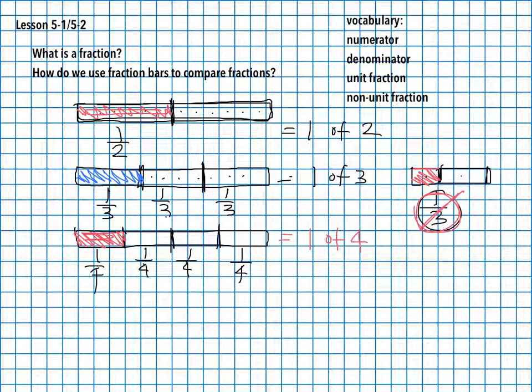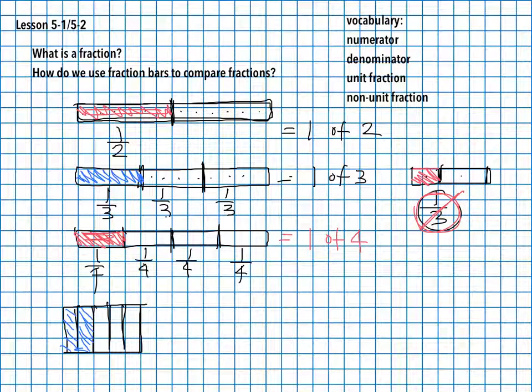So let's look at a couple of shapes here. I'm just going to draw, let's pretend that I'm drawing things on the line here. My question for you is, how much have I shaded in here?